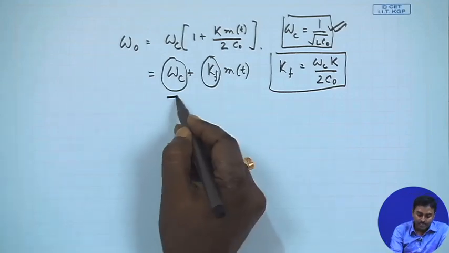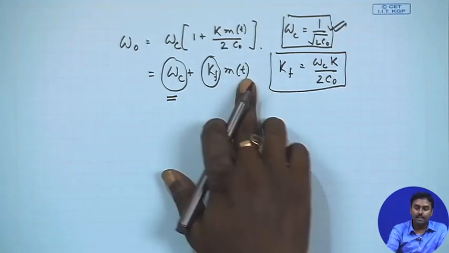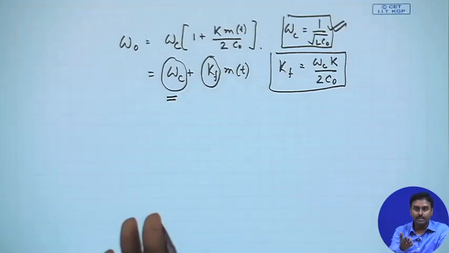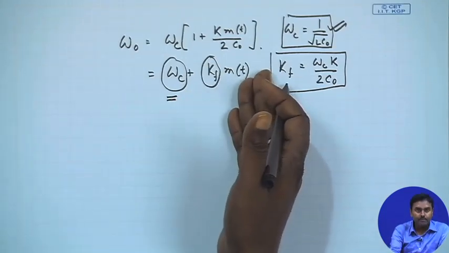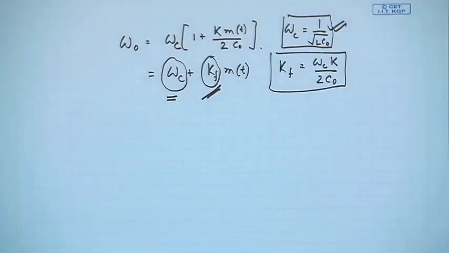This omega c is termed the free running frequency. Whenever mt is 0, that is the frequency with which it will be oscillating, and then depending on mt there will be a linear variation where the slope of that variation is Kf, which is also determined by the particular capacitor. So, now the frequency of this oscillator is a linear function of my input voltage.